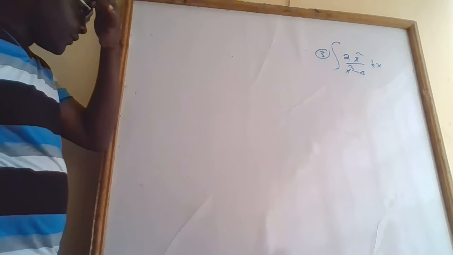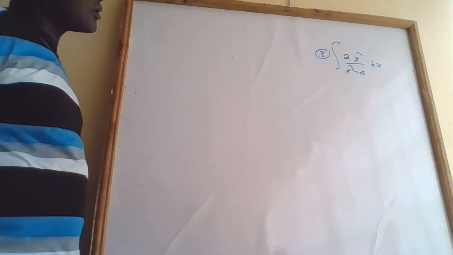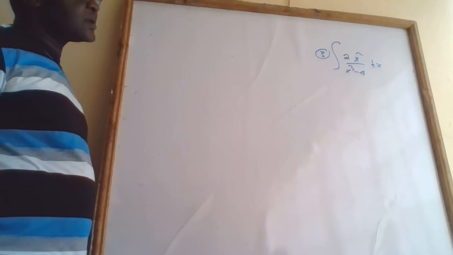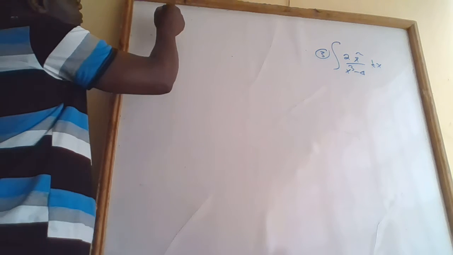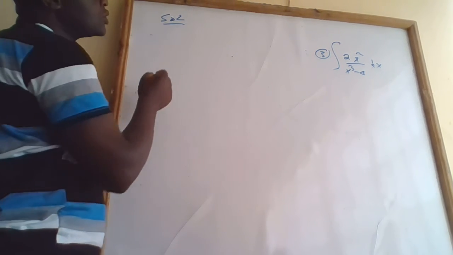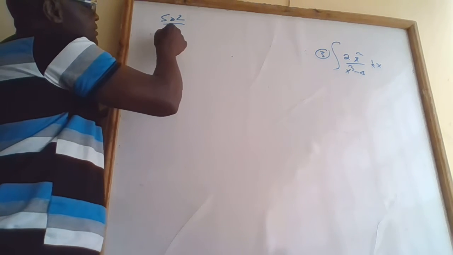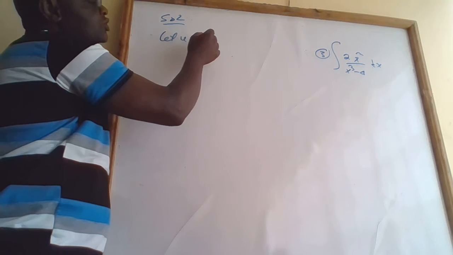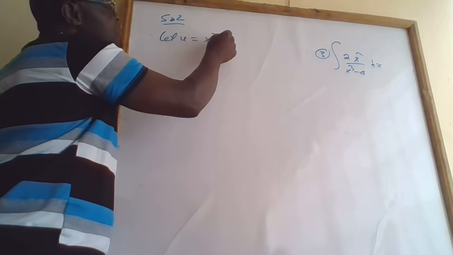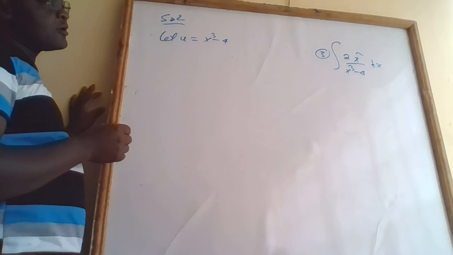So we have example 3. They want us to get the integral of 2x squared all over x cubed minus 4, and then dx. Solution. We shall let u equal x cubed minus 4.